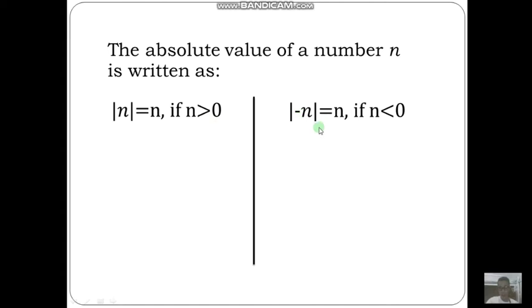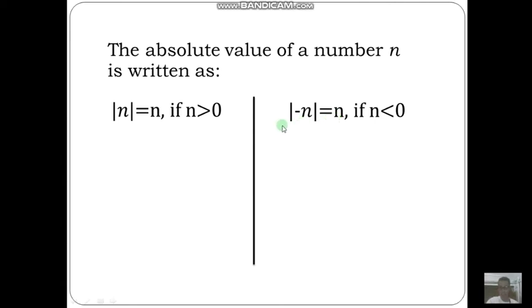Then another situation, the absolute value of negative n. So our value this time is negative. So the result is still a positive value, or a positive number, if n is less than 0. So if our value here is less than 0, still the absolute value of this number is positive.